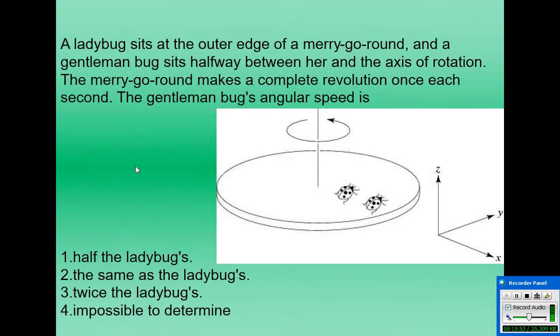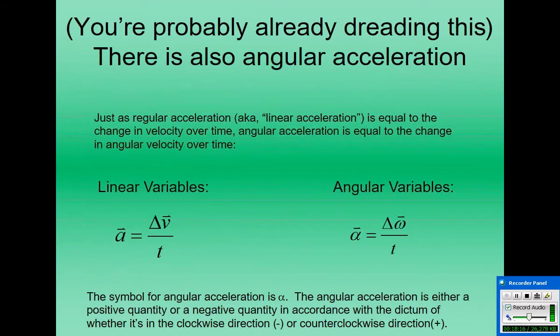And if the object is slowing down, the velocity and the acceleration are in opposite directions. This idea applies exactly to the angular variables. If the rotation is speeding up, the angular acceleration has the same sign as the angular velocity. If the rotation is slowing down, the angular acceleration has the opposite sign of the angular velocity.